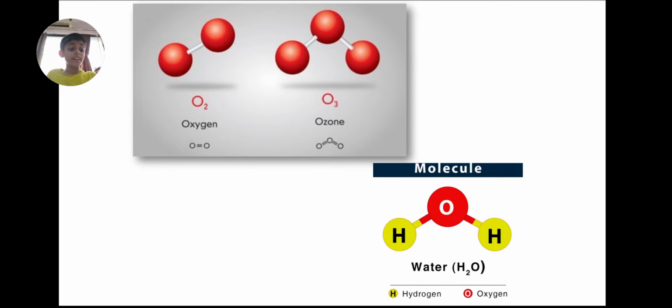Molecules. Now what are molecules? Molecules are the smallest particles. They are very small particles that can exist independently in nature. They are known as molecules. They can be like oxygen, O2, and ozone.